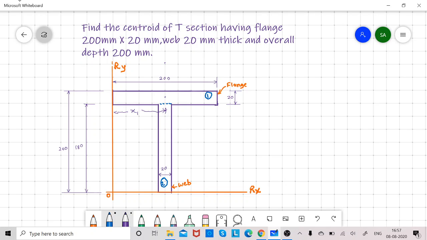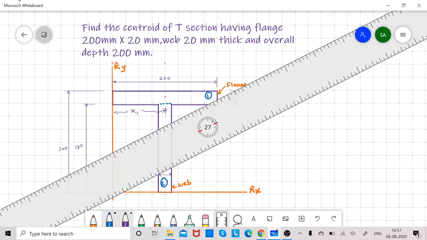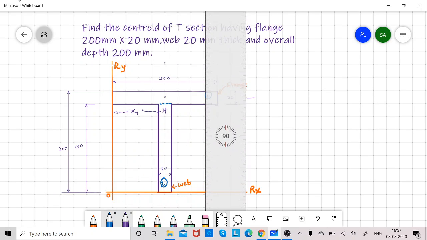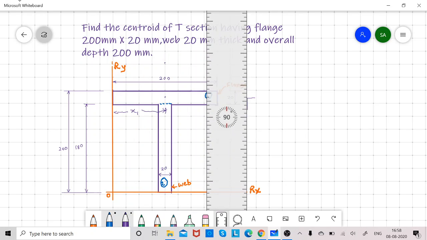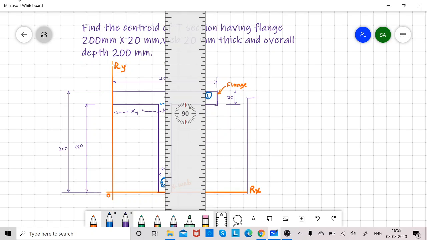Always I am measuring distances of the centroid from the reference axis. The horizontal distance between the centroid of part 1 and the reference y-axis, I will call x1, and the vertical distance of the centroid of part 1 from the horizontal reference axis, I will call y1. So this is y1.